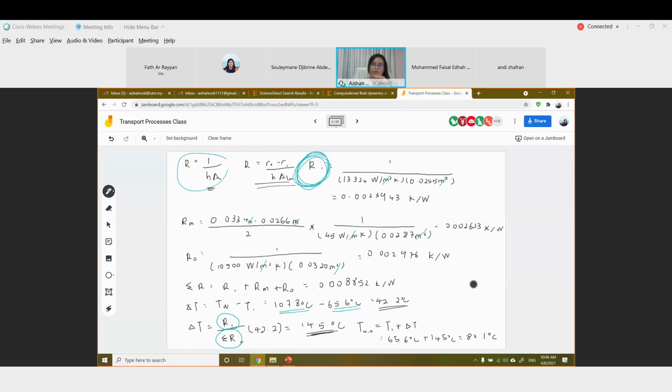Since we already assumed the outlet temperature to be 80, this is close enough. If for example you assumed 70 and it turned out to be 90, then you would need to recalculate everything. In this case it's quite a happy incident that we assumed a temperature very close to the real temperature.